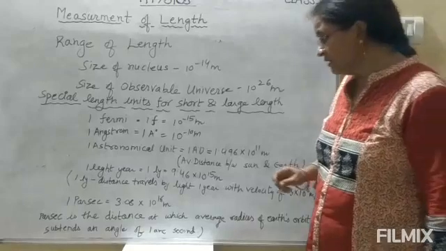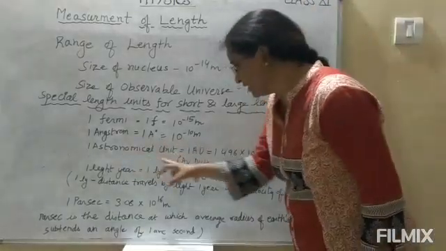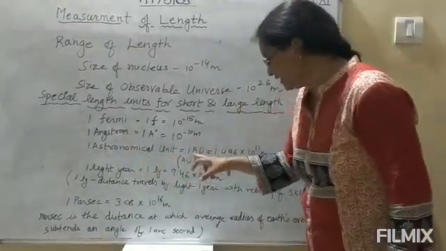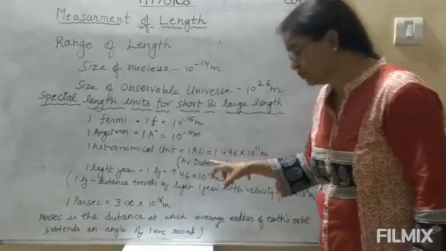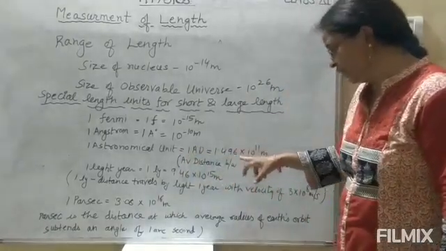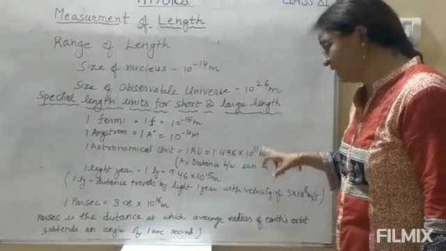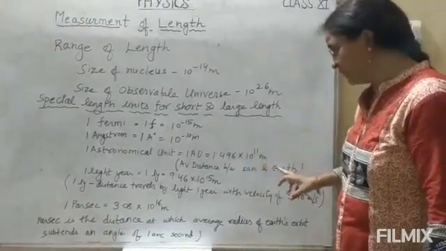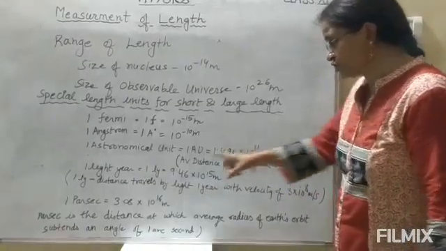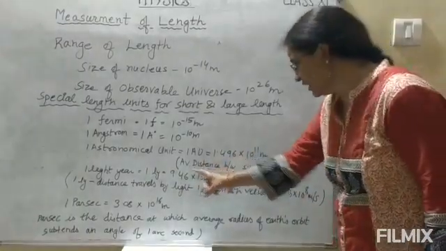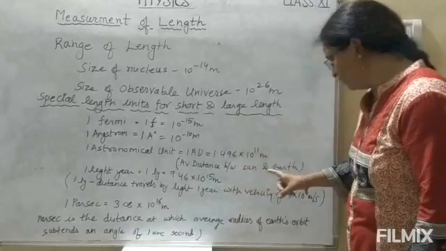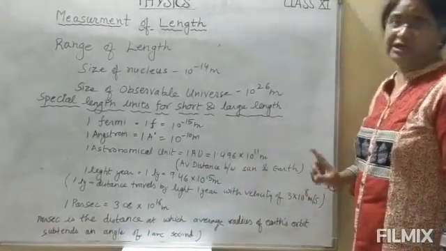And 1 astronomical unit, 1 AU, is equal to 1.496 into 10 raised to power 11 meter. What is 1 astronomical unit? It is the average distance between the sun and the earth.